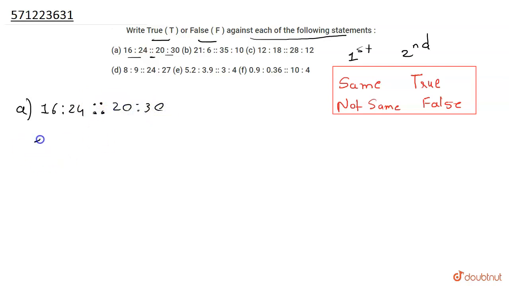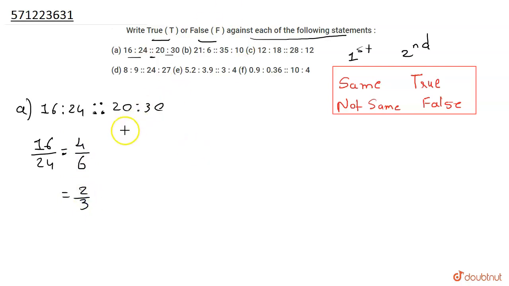First of all, I find 16 upon 24, which is equal to 4 into 4 and 4 into 6. So that will be 4 divided by 6, and that will become 2 by 3.